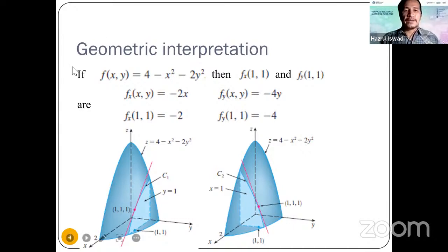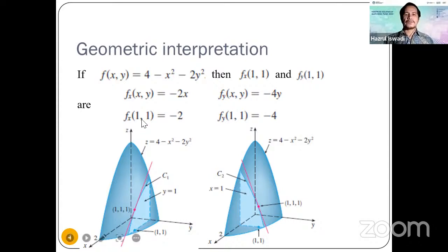After we have the formulas of the partial derivative of f with respect to x and also with respect to y, we substitute the value of x and y as 1 and 1. So in this case, fx depends on x.